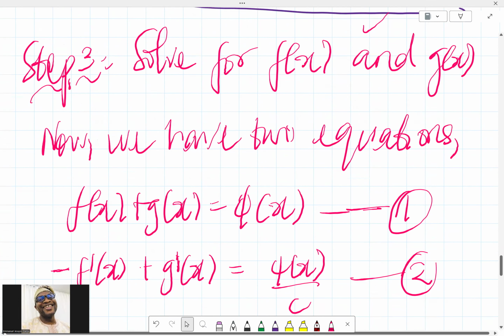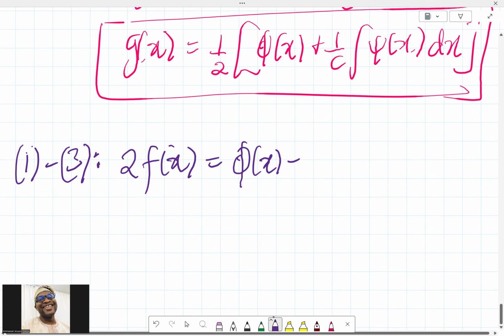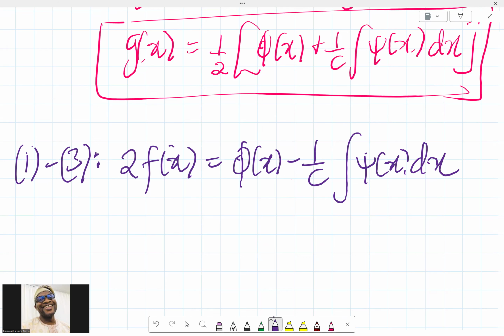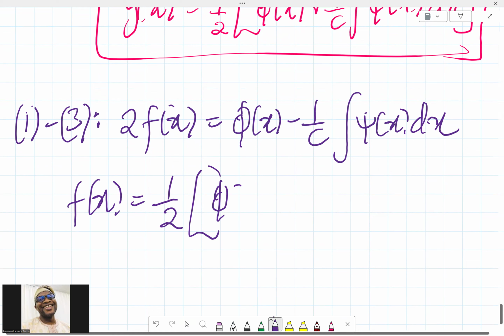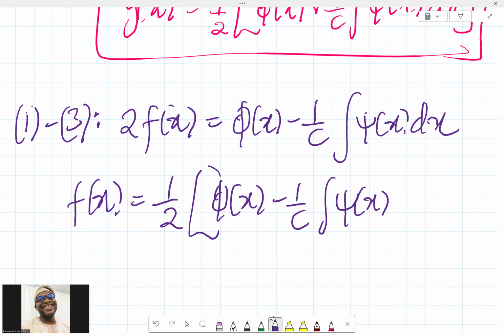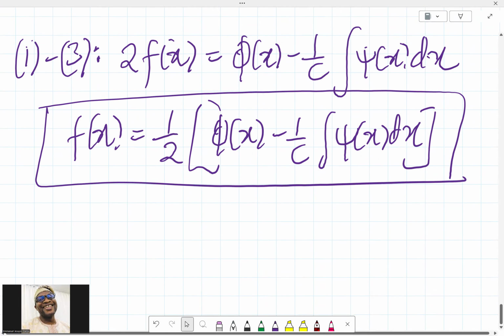And then we have phi of x minus all that, so phi of x minus 1 over c integral of psi of x dx. So f of x is equal to 1 over 2 into phi of x minus 1 over c integral of psi of x dx, like this. So we have f of x and g of x clearly.